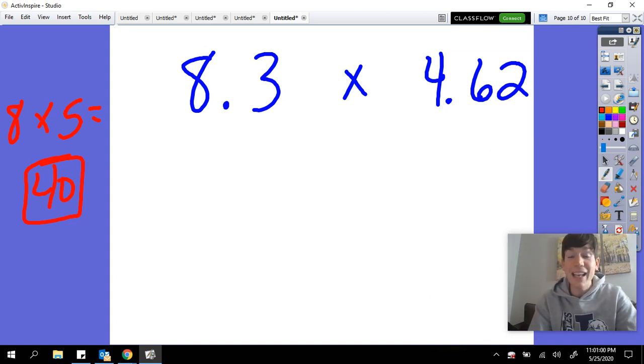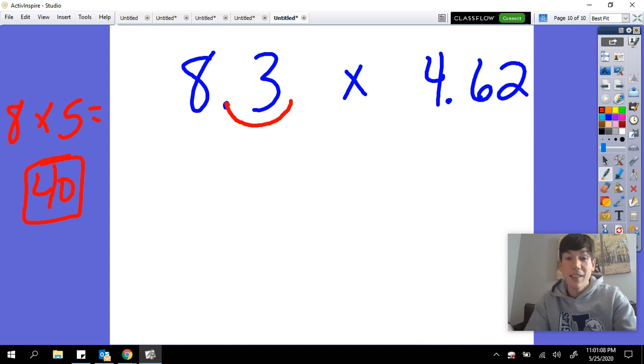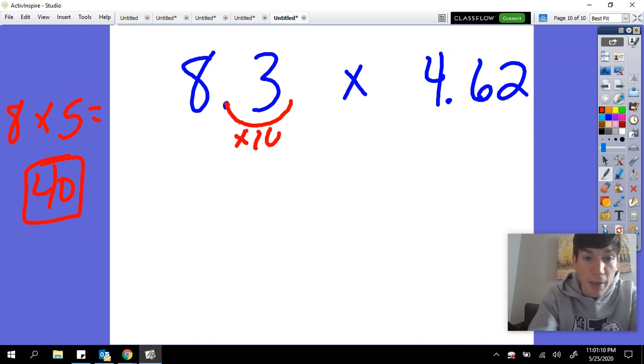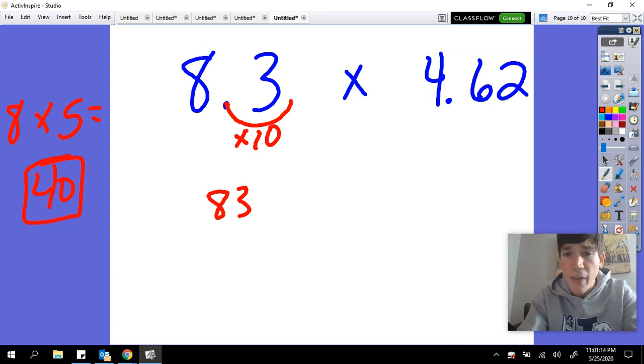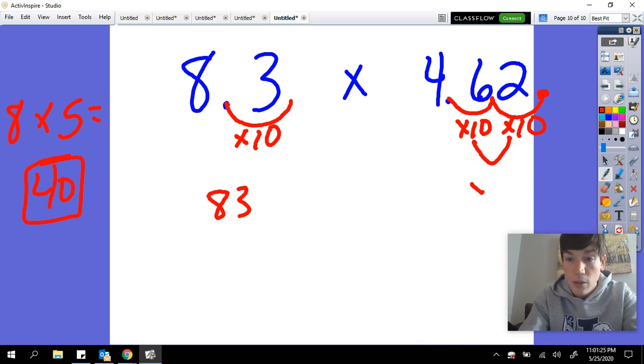Now, in this case, you'll notice both numbers are decimals. Here's what I'm going to do. I'm going to say 8 and 3/10. If I move this decimal over one time to the right, that is the same thing as multiplying that number by 10, which would give me 83. If I were to move 4 and 62 hundredths, I would have to move it twice to the right, which is like multiplying by 10 twice, or multiplying by 100, which is going to give me 462.